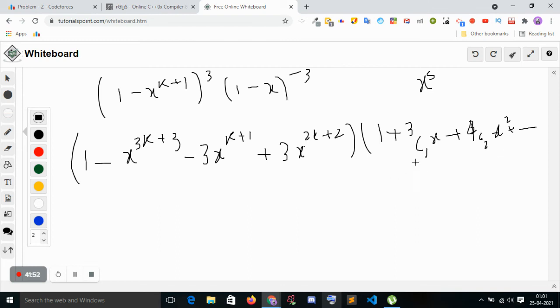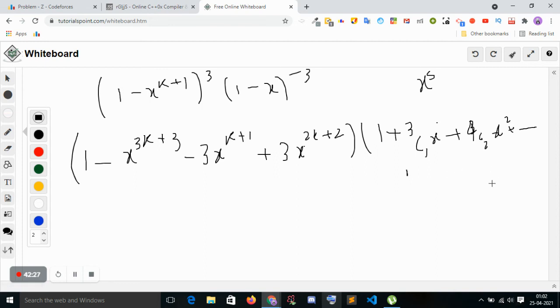So I know the formula. How is it actually happening? It is n plus r minus 1 c r.